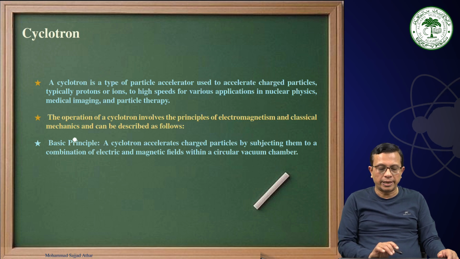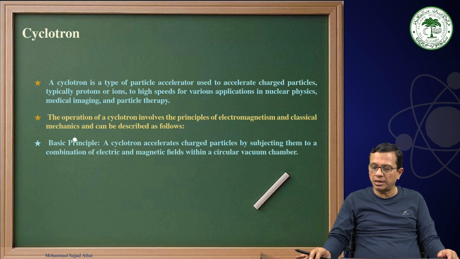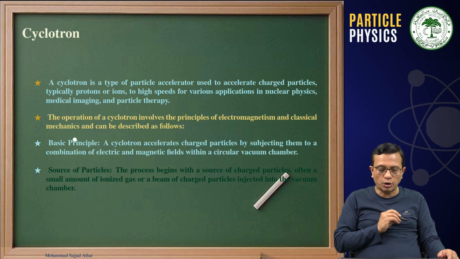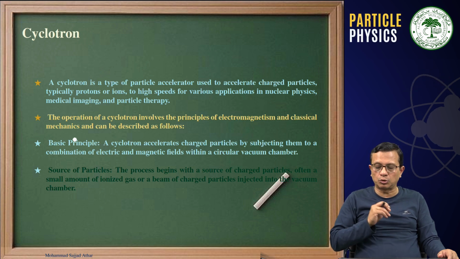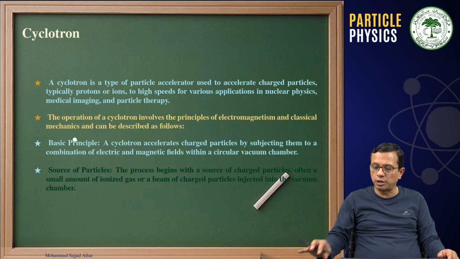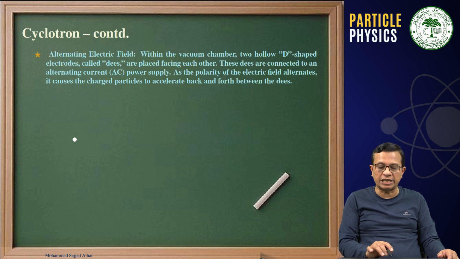Basic principle: a cyclotron accelerates charged particles by subjecting them to a combination of electric and magnetic fields within a circular vacuum chamber. The source of particles: the process begins with a source of charged particles, often a small amount of ionized gas or a beam of charged particles injected into the vacuum chamber.